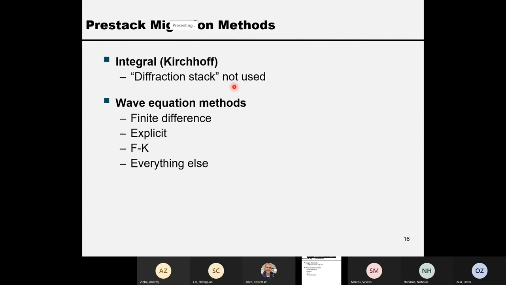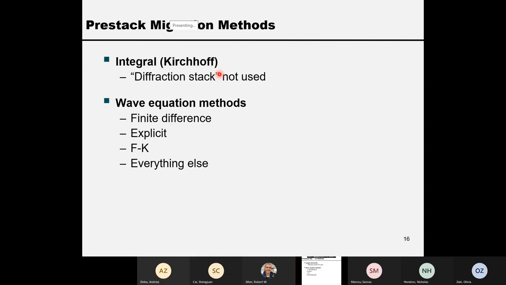Okay, now for 3D pre-stack migration, we cannot use diffraction stack. That's the only difference. We cannot stay in the model space and go back to the data space to sum the energy following a diffraction curve, right?